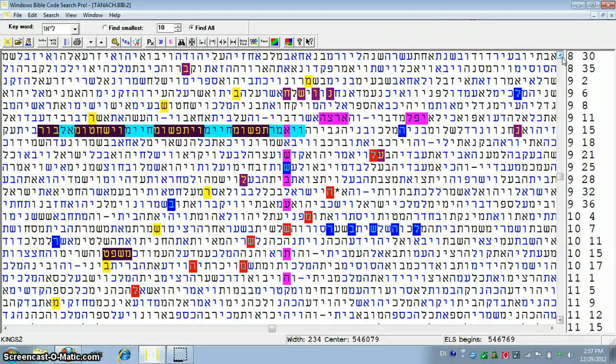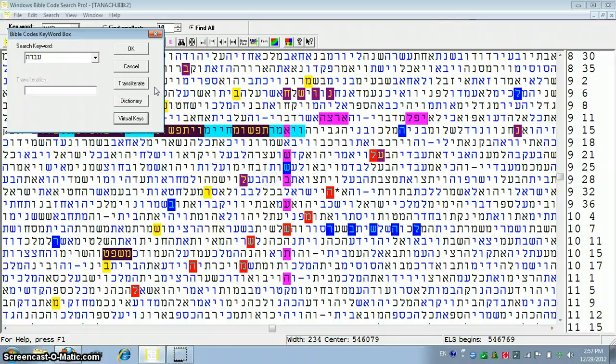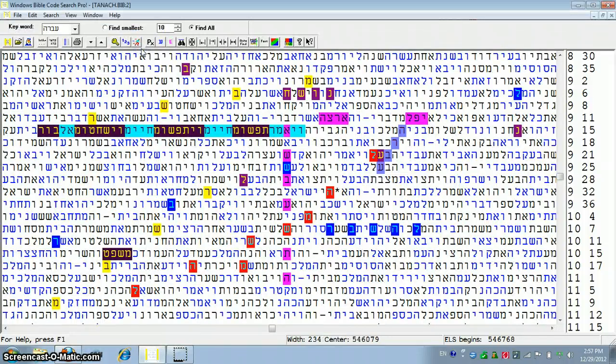How about wrath? Let's look for wrath. And that would be, the world is under judgment, folks. Oh, and there it is. Wrath comes up here. And keep in mind, folks, everything that I'm putting in, with the exception of the plain text, which comes up at a skip of 1, these are all equal letter distance skips.